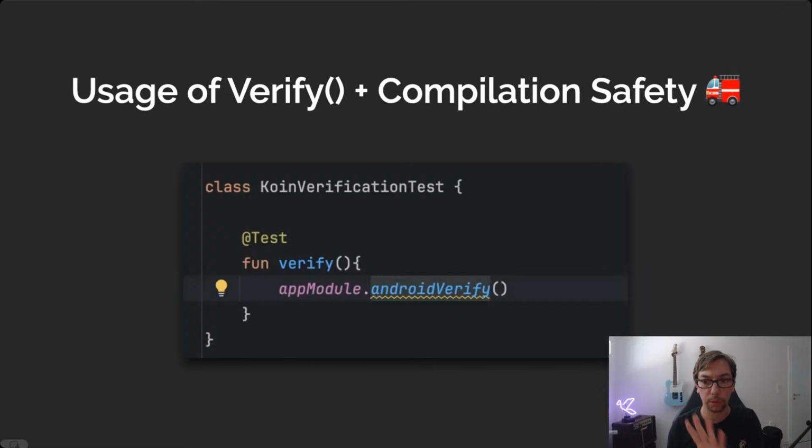And then if your Koin configuration is working and Dagger is compiling, then you're quite safe, and then you can move on very quickly, because then if your project is running your JUnit test here, your project is working.